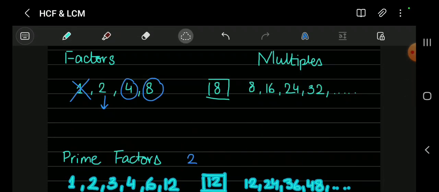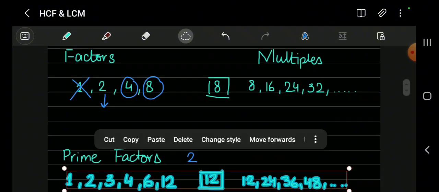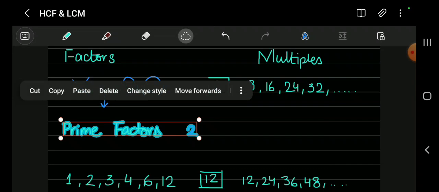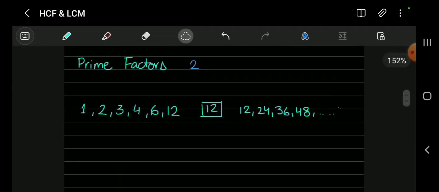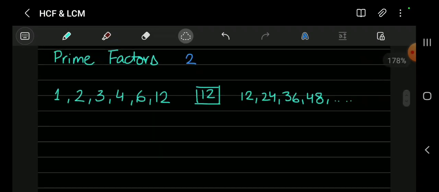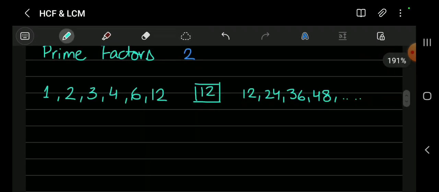Okay, we need to address the prime factors separately. Let's discuss your number 12. What are its prime factors?